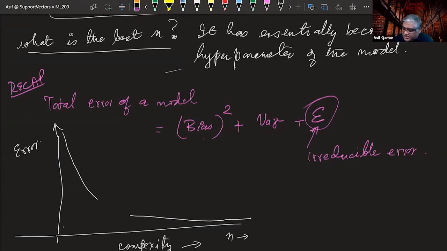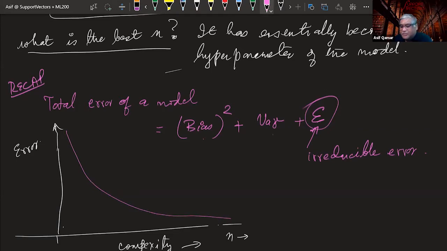Actually, let me use another color so that I can use white for the final solution. So let's say that your bias errors go like this. They keep on decreasing the more flexible you make the model. Your variance errors, on the other hand, begin to go like this.